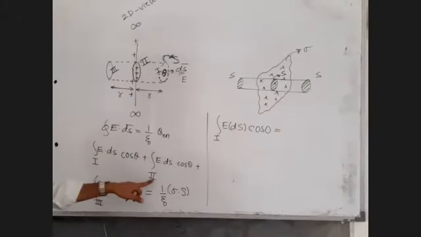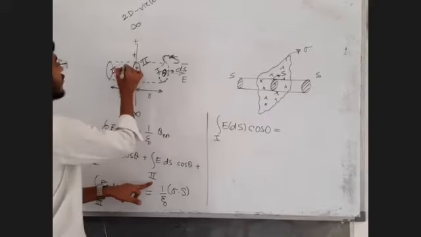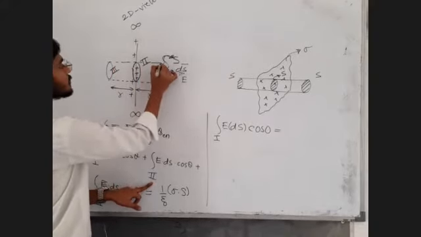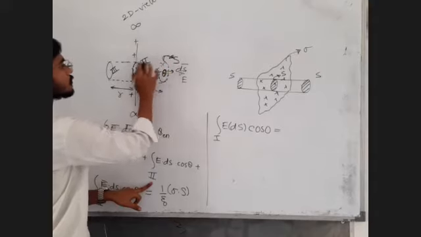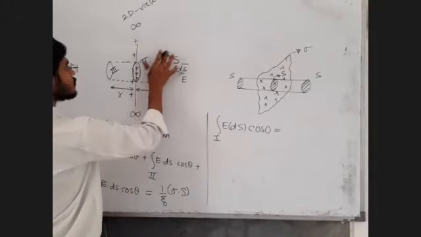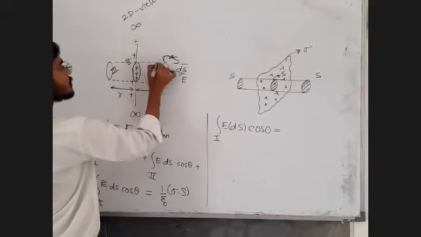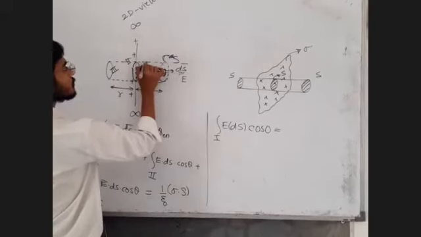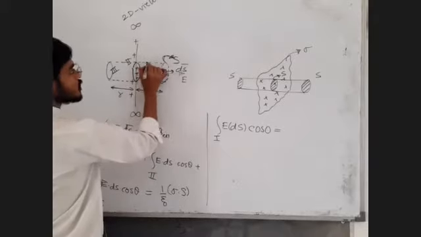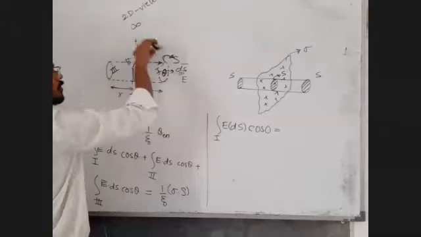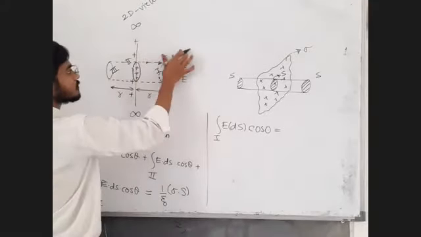Over second area, sir, over second area we have to choose area like this. Try to understand. So electric field is away from the positively charged sheet like this. Sheet is infinitely charged. Sorry, infinitely long. So electric field will be away like this.